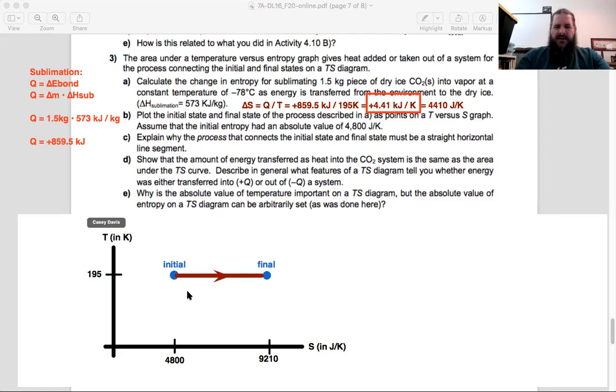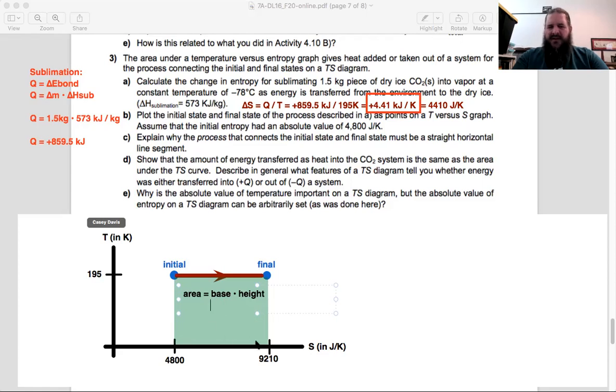If we're talking about this area under the curve all the way down to the axis, how would you calculate that area? Yeah, area equals base times height. We've got to be careful though.